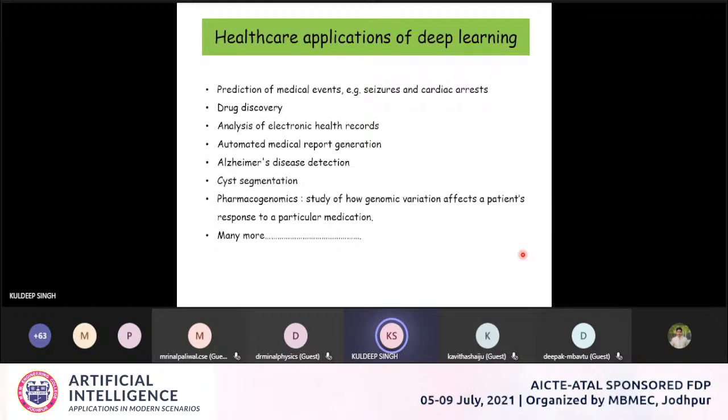People are also developing models for detection of cardiac arrest. Drug discovery, analysis of electronic health records, automated medical report generation, that is one of the emerging fields where by seeing the medical modality image, an automatic report can be generated, and many more.